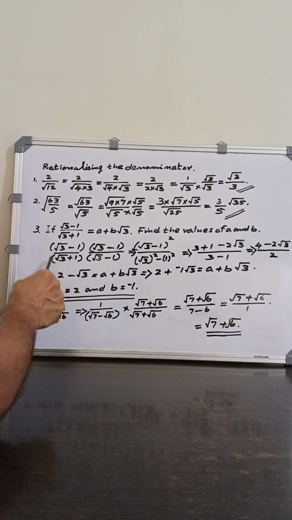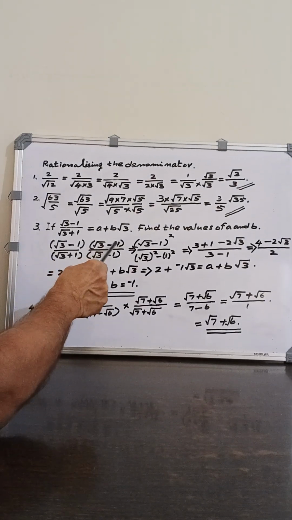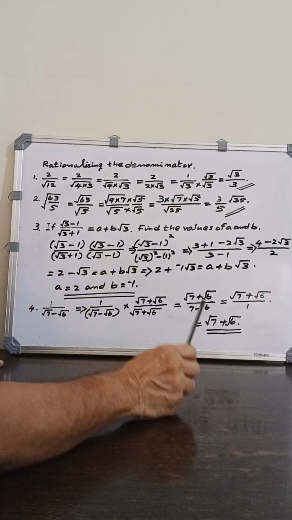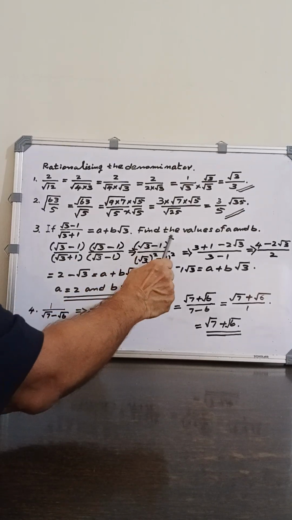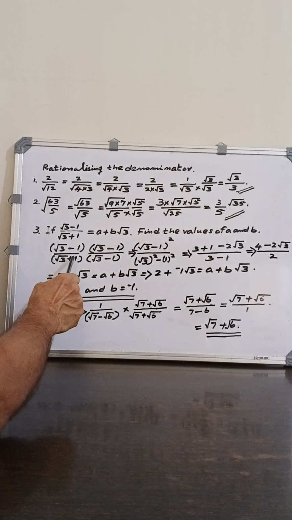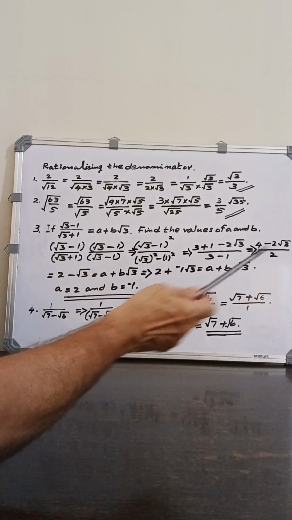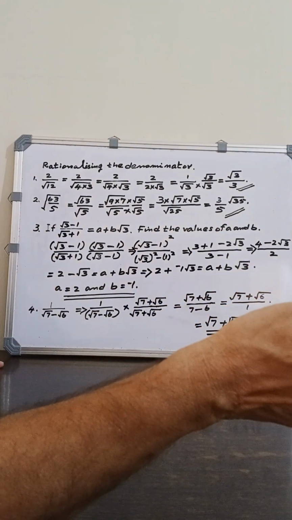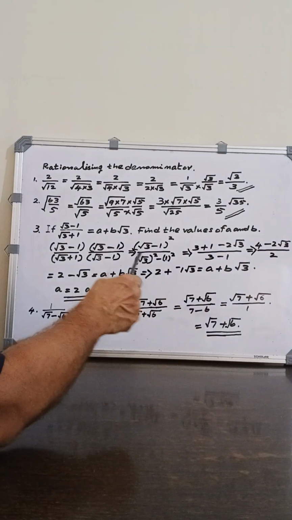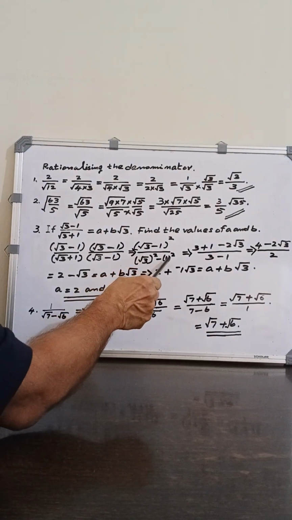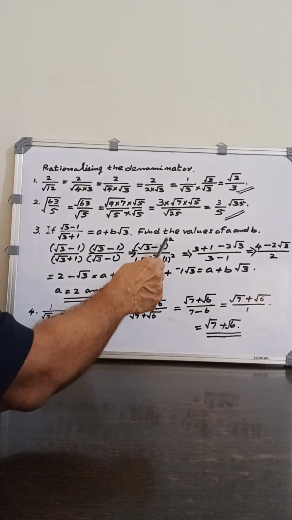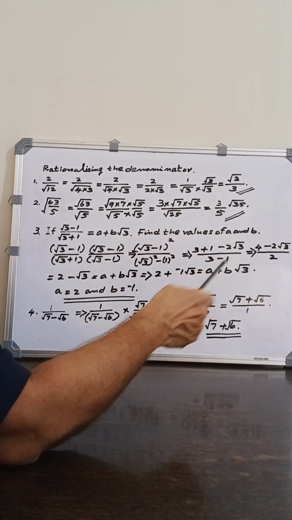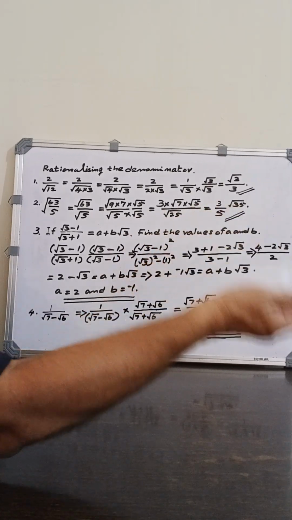Therefore, root 3 minus 1 by root 3 plus 1 into root 3 minus 1 by root 3 minus 1. That is root 3 minus 1 the whole square by root 3 plus 1 into root 3 minus 1, which is of the form a plus b into a minus b, that is a squared minus b squared. Therefore, root 3 squared minus 1 squared. Root 3 minus 1 the whole squared is a minus b the whole squared, that is a squared plus b squared minus 2ab.